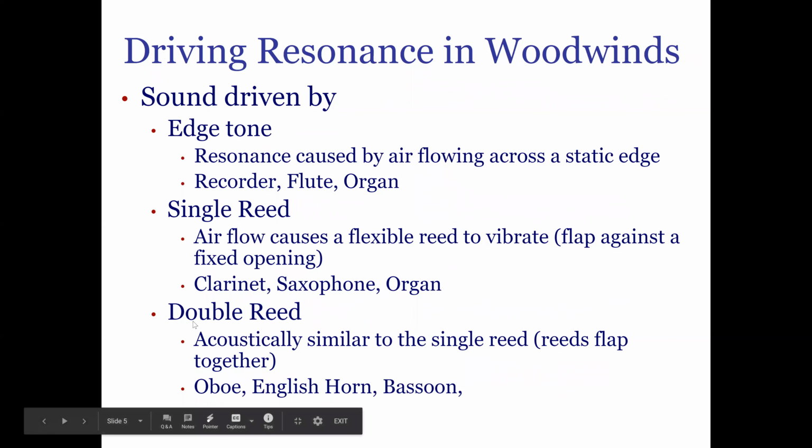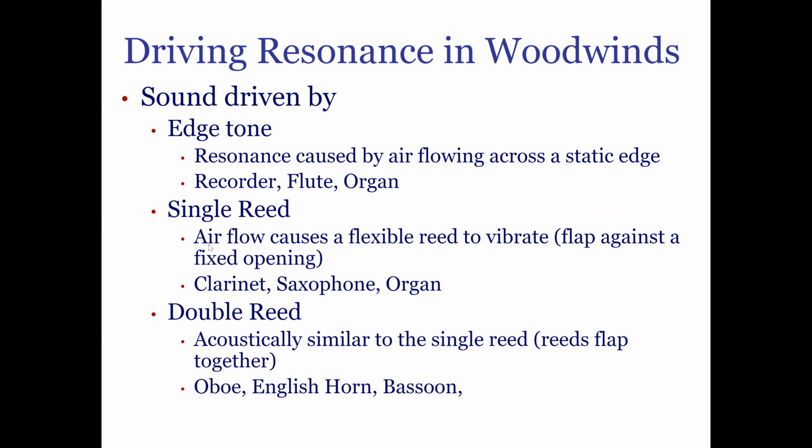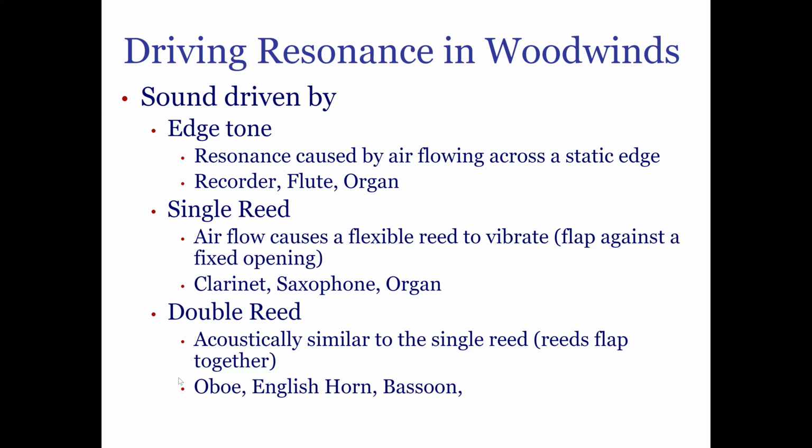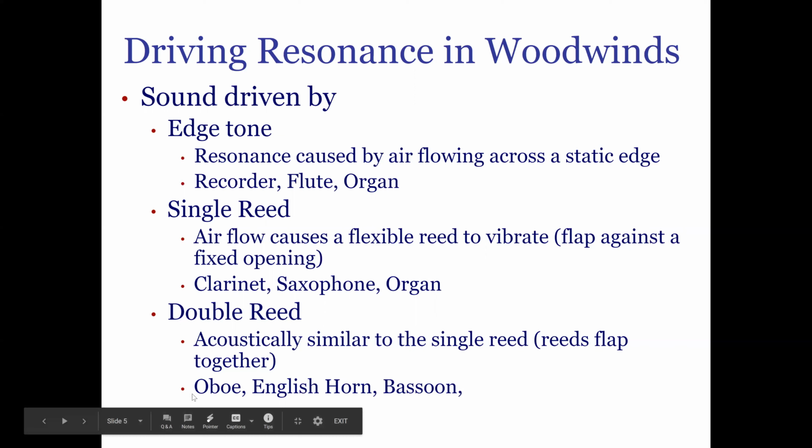And then the double reeds are acoustically similar to the single reeds, except instead of a single reed flapping against a fixed opening, you have two reeds that will flap against one another. Now, this doesn't significantly change the vibration input, but there are differences in the way they sound, and I can't really quantify it, not being a wind player, especially not a double reed player.